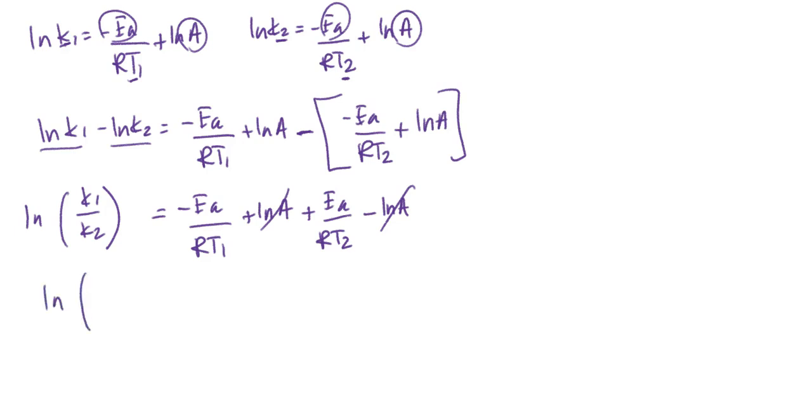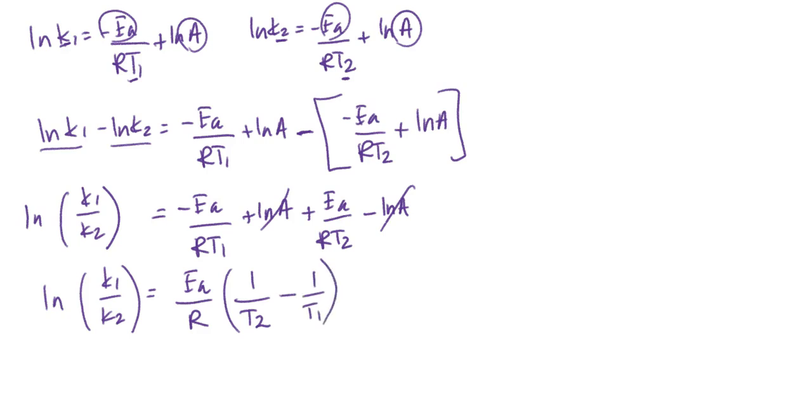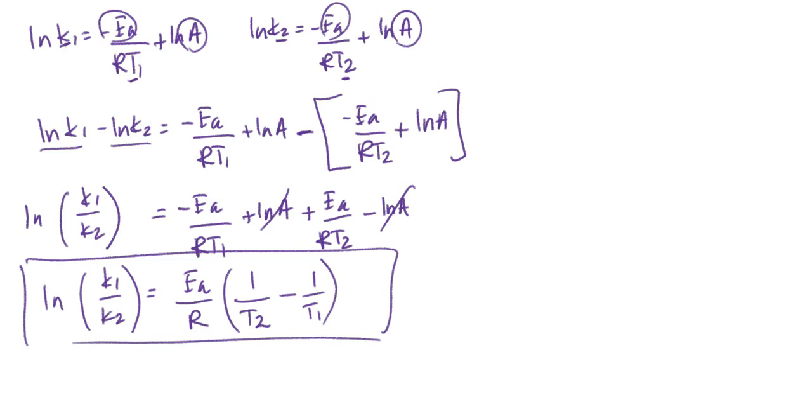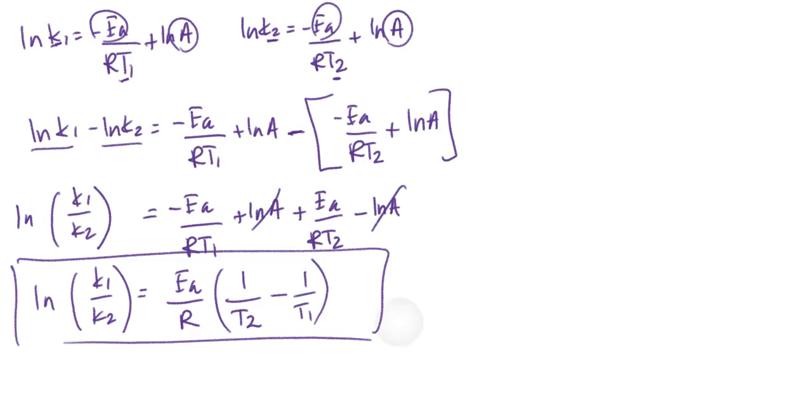Now I can factor out Ea over R, and also rearrange these terms so that the negative term appears second. Basically I would get 1 over T2 minus 1 over T1. And so using this equation, if I have measured the rate constant at two different temperatures, then since R is a constant, I should be able to calculate the activation energy.